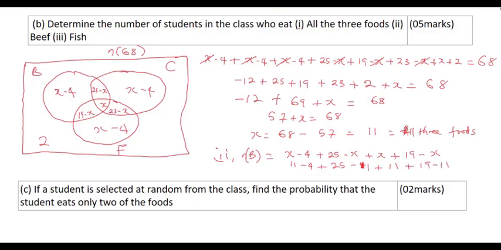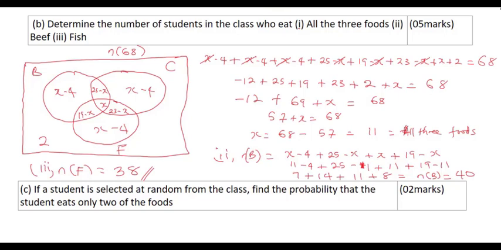Now, when you do 11 minus 4, you are going to get 7, plus 25 minus 11 gives 14, plus you have your 11 plus 19 minus 11, and that's going to give us 19. When you sum this up, the number of people that eat beef alone is going to be 40. Then the III, from the question, we're already given the number of people that eat fish alone, and that's 38. So that solves it. Or you can also sum this up and get your 38.